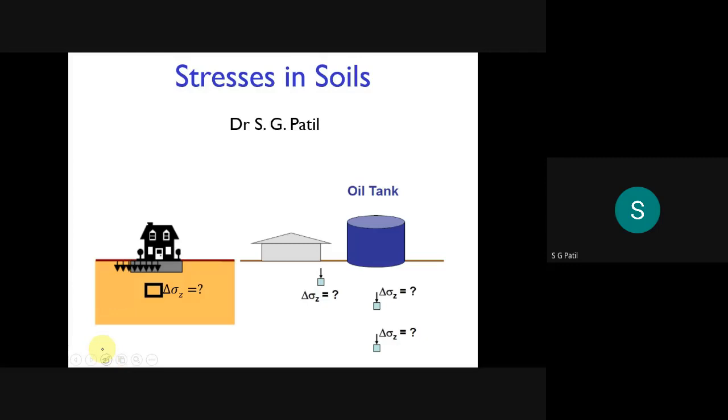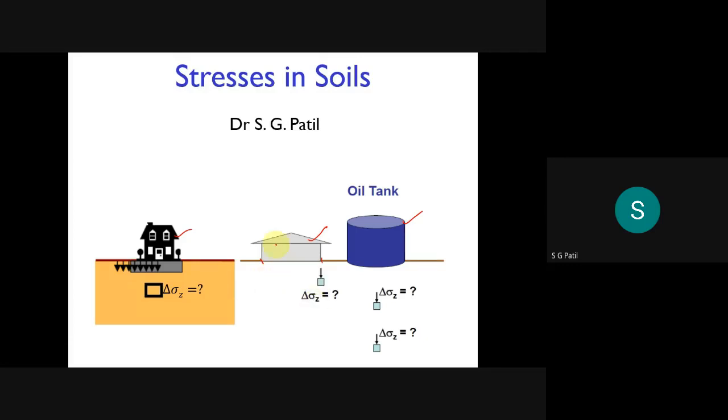So the main objective of this chapter is to find out the stresses below the loaded area. If you are constructing some industrial oil tanks, or a warehouse, or a residential building, these will exert a pressure on the soil mass, only for a limited width.